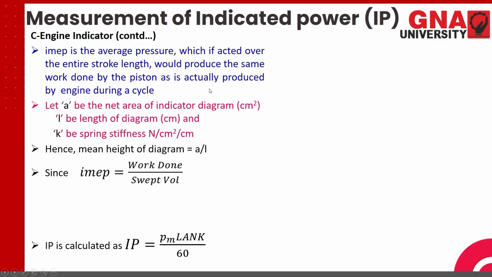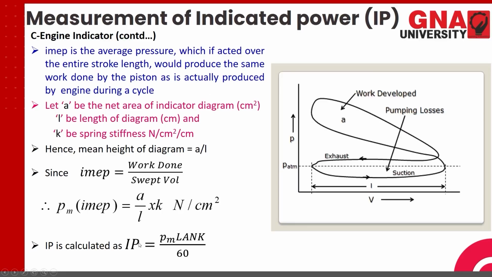So now you can see this diagram. Let A be the net area of the diagram. So IMEP is equal to work done upon swept volume. You know the area enclosed by this diagram gives you the work done, A, and the length from here to here gives you the swept volume.